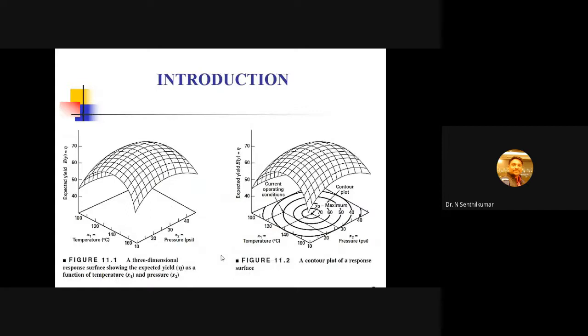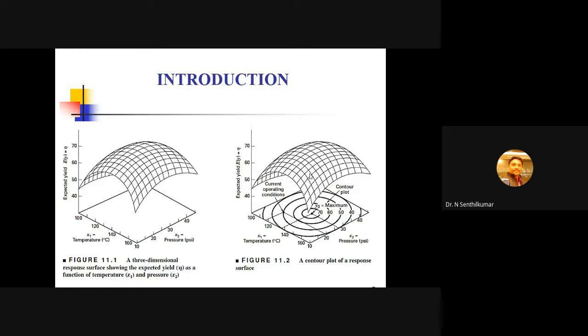In the previous session itself, we have seen these three-dimensional response surfaces plotted between two inputs and an output. It's a colorful graph, a three-dimensional representation of the relationship that exists between two inputs and one output. In the first figure, we have only the response surface, that is the three-dimensional plot.